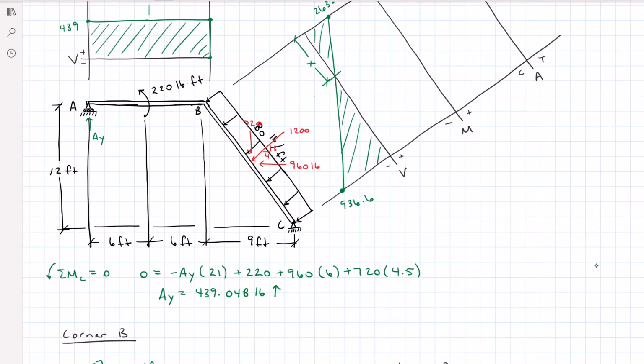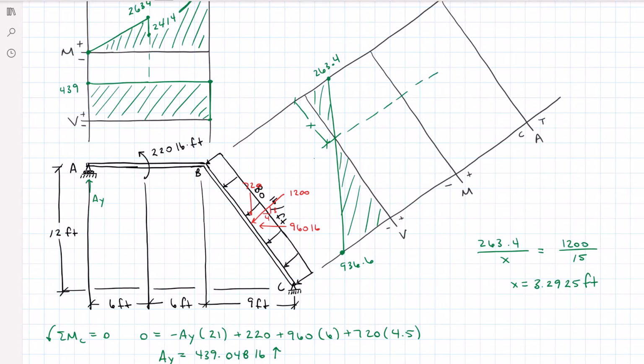Solving for x, I have 263.4 divided by x set equal to that 1200 divided by 15, and we find that x is equal to 3.2925 feet from B.